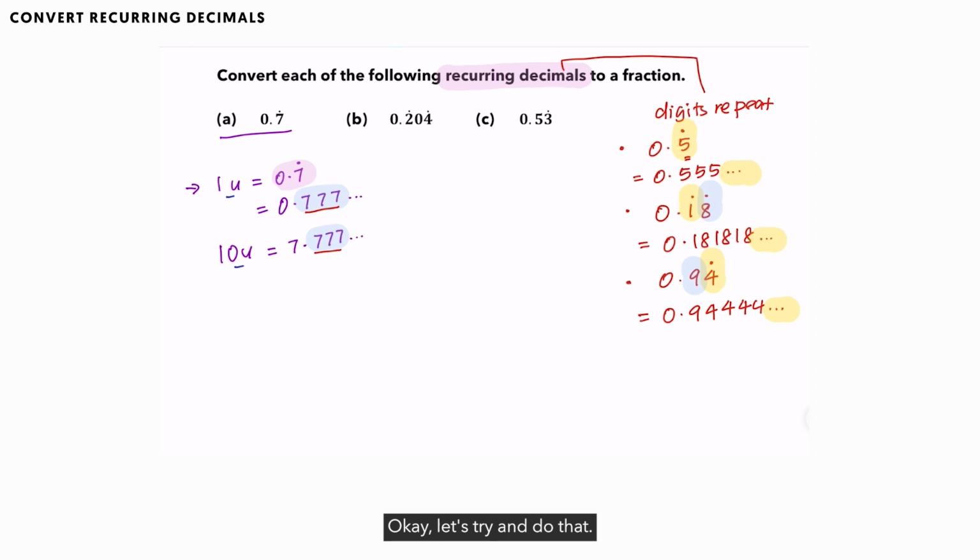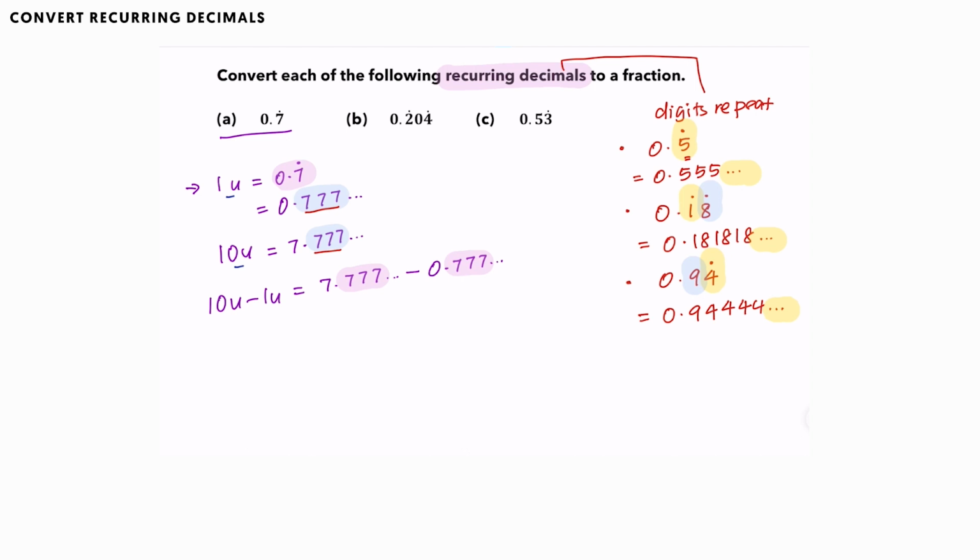Okay, let's try and do that. If I take 10 units minus 1 unit, that should give me 7.777 with the 3 dots, take away 0.777 with the 3 dots. So again, the portion after the decimal place is exactly the same, so they will cancel out each other. Now this should give us 9 units equals 7.